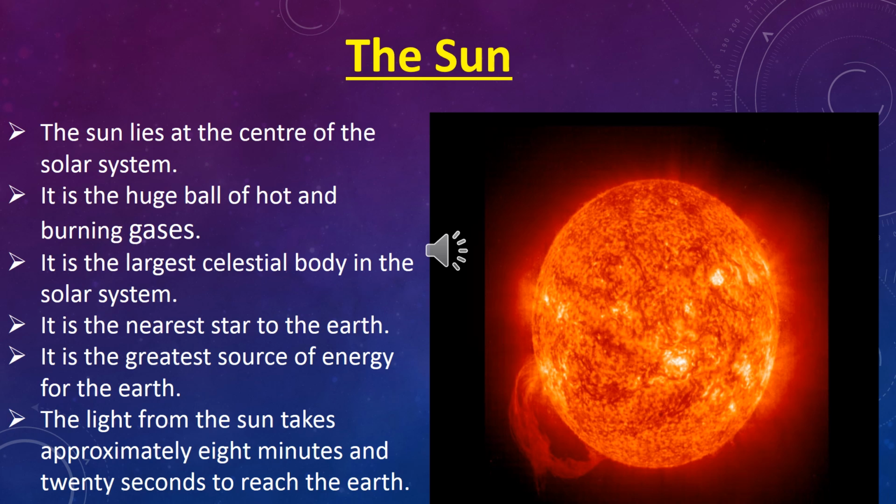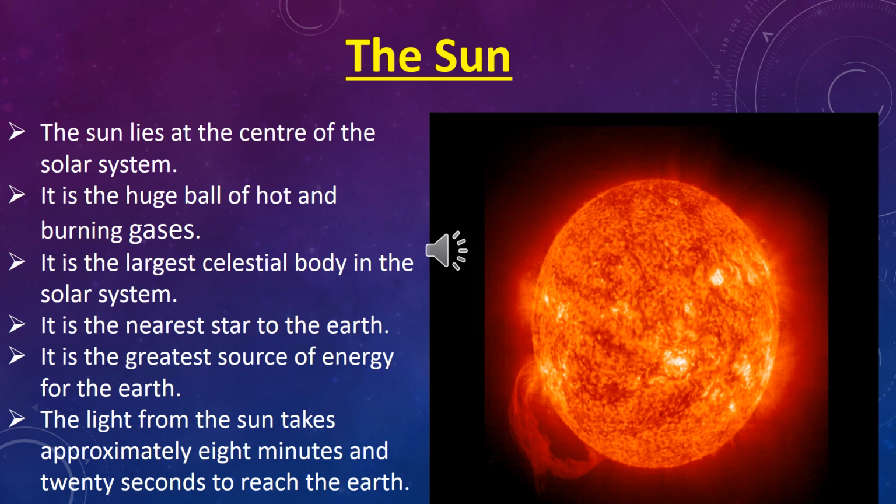It is the nearest star to the Earth. It is the greatest source of energy for the Earth, which means the Earth gets all its energy from the Sun. The Sun is a star, not a planet, and it is nearest to the Earth.